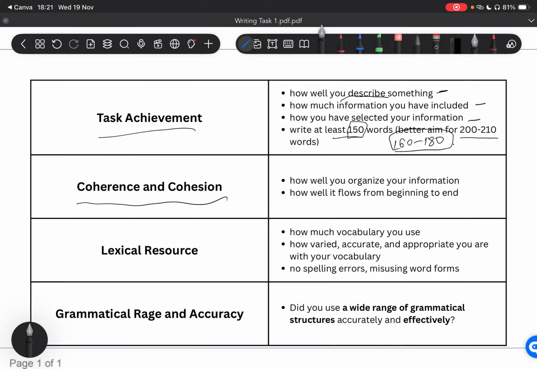And for coherence and cohesion, how well you organize your information. Well, the organizational part is the most important thing in report writing. That tells the examiner, I believe, how well you can report something in English.